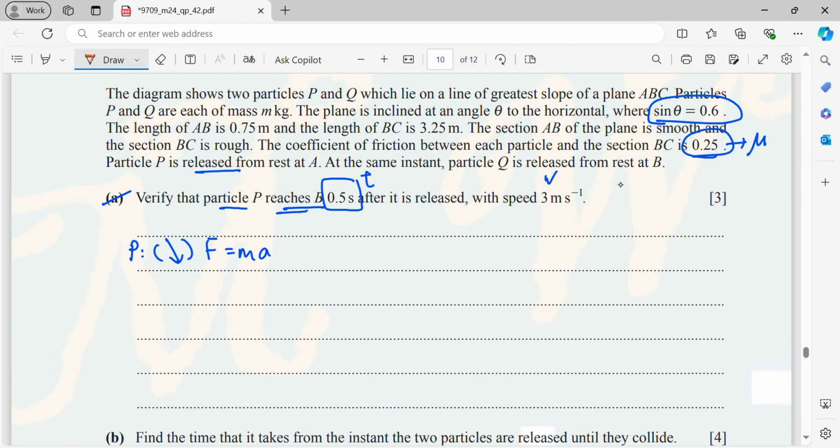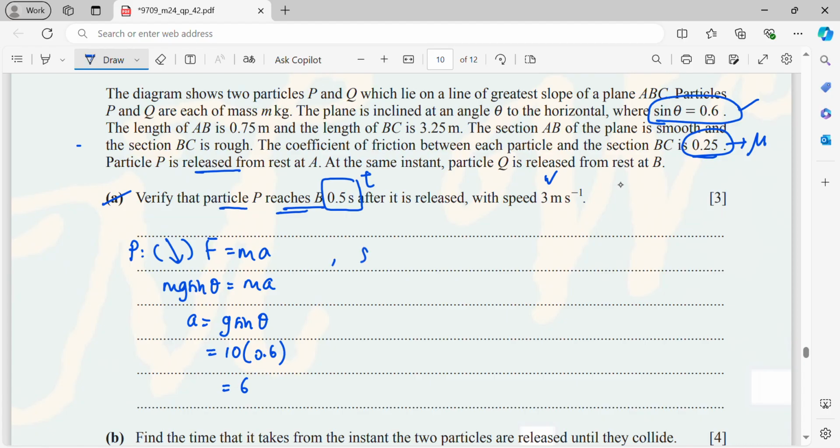So here I will write mg sine theta equals to ma. So then the A is basically g sine theta. So g sine theta, the g is 10 and sine theta is given 0.6. Therefore, it is 6. So now, after that, I need to show the V and T.